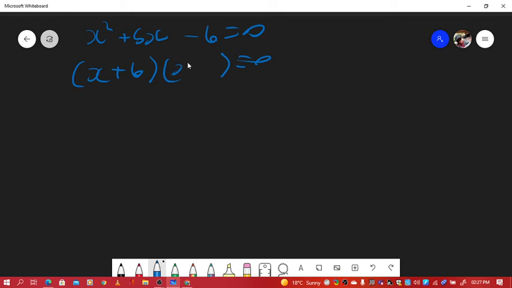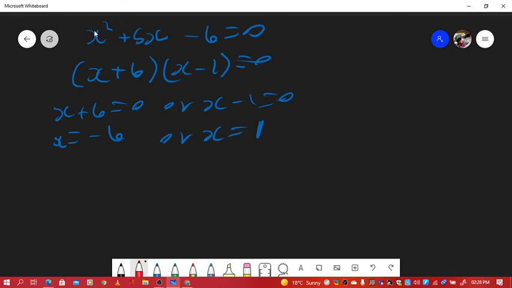Positive 6x minus 1, because if you add these two, it should be positive 5. Now x plus 6 equals 0, or x minus 1 equals 0. Now x is equal to minus 6, or x is equal to 1. To verify this, you can substitute negative 6 here and 1 and check that the left hand side will equal the right hand side.